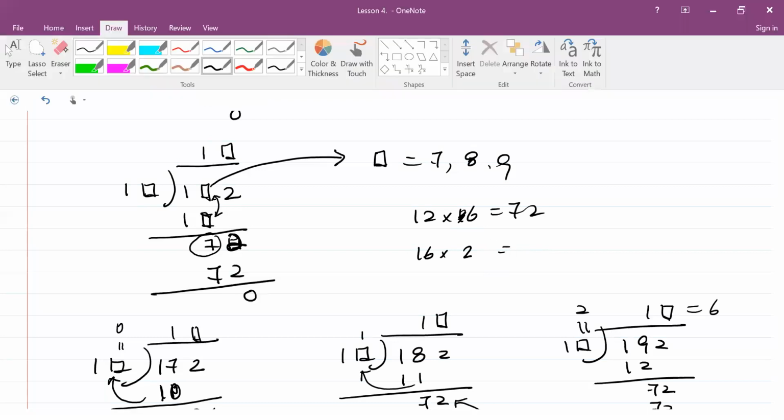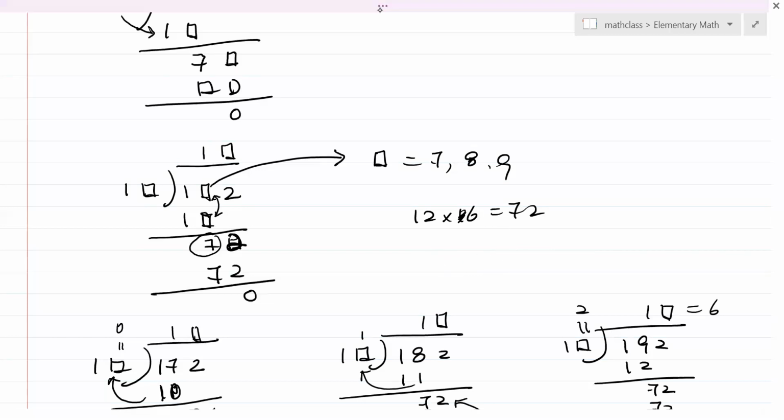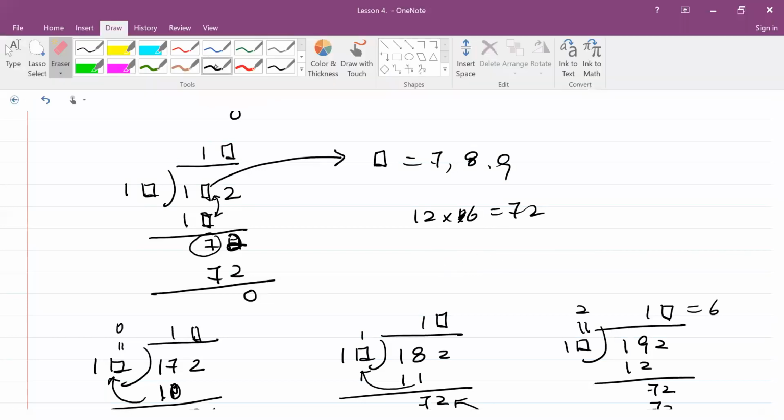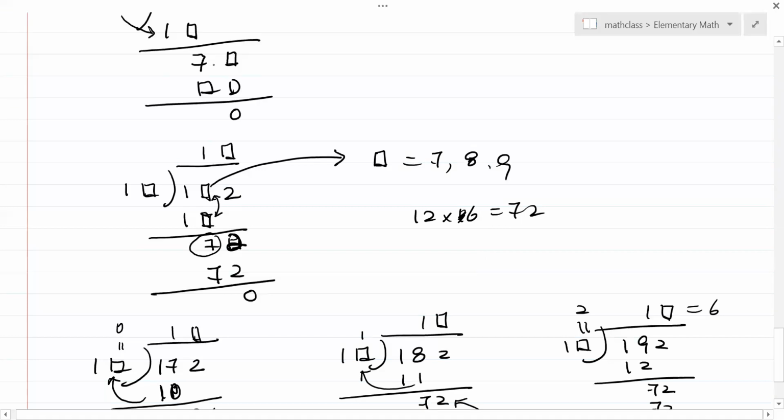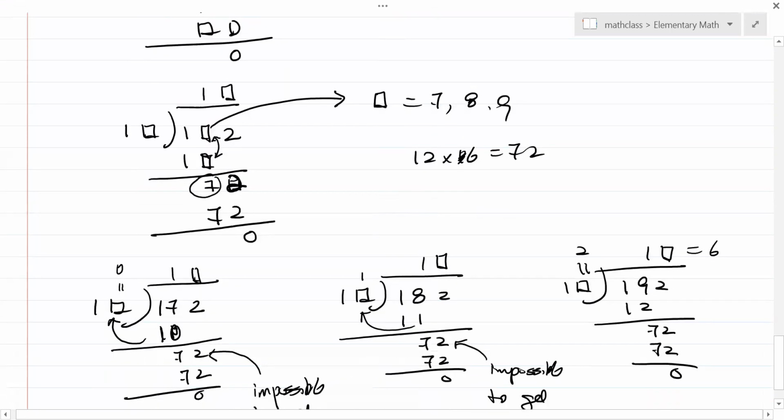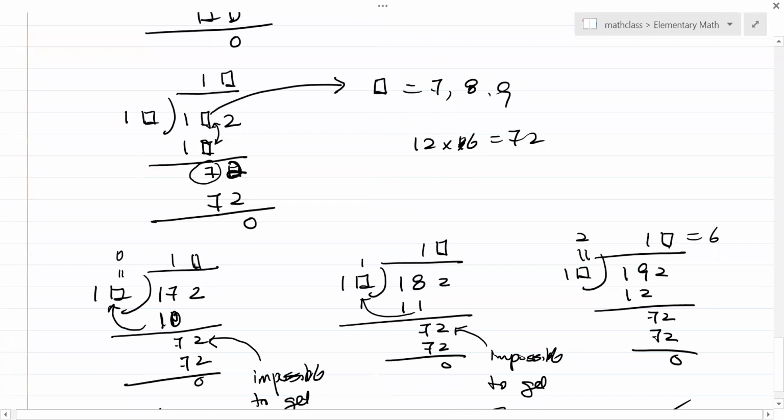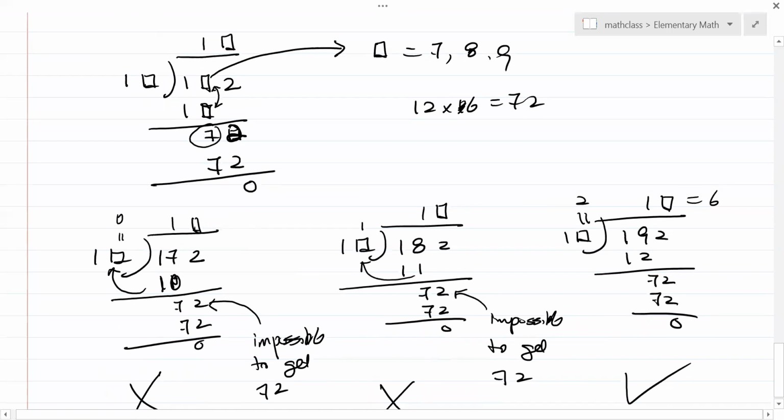Some students probably can quickly get the numbers. Okay, one is 2, other one is 6. Then you see the rest of them is trivial. So let's take a look at this.